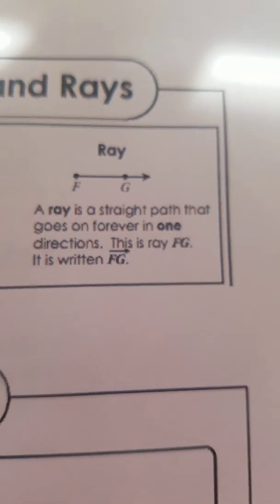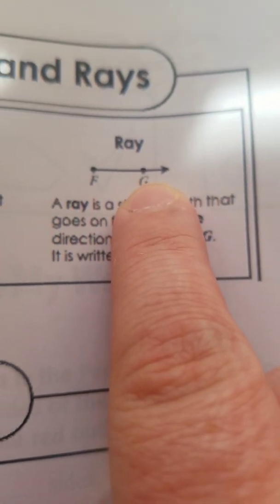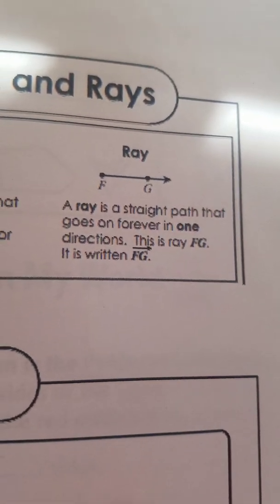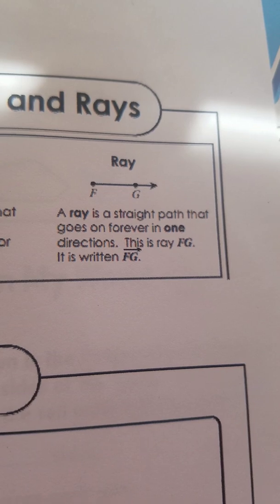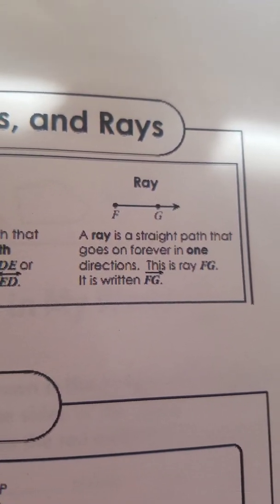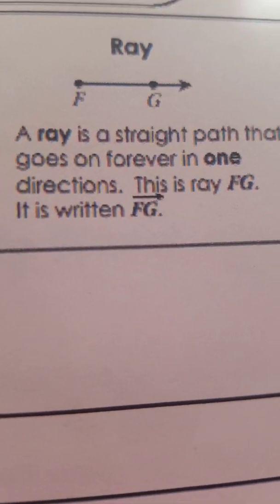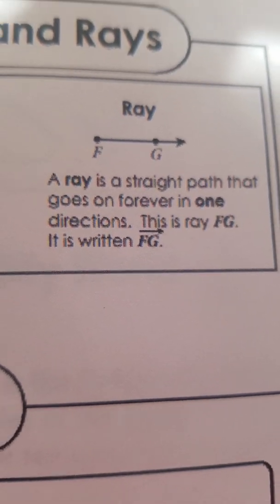You have to use the end point letter first, and then one of the other points on the ray second. So you would always call this ray F, and then another letter that's on the ray. Take a look at the little symbol that you use to say ray FG.